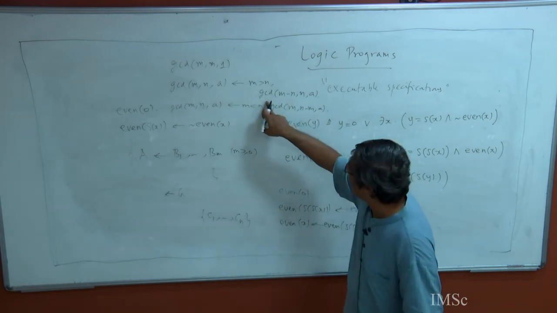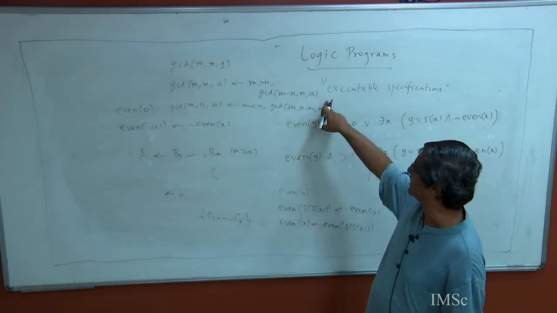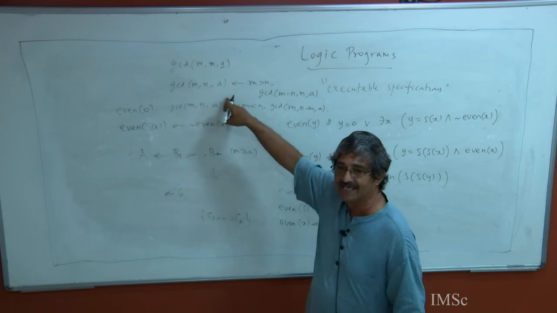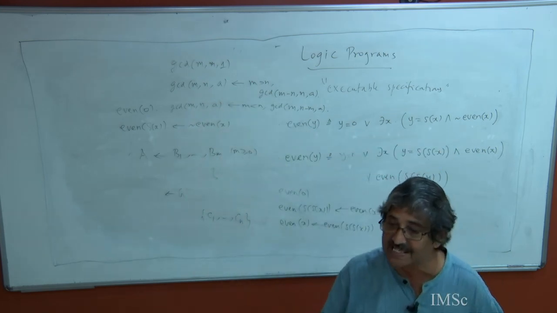If M is greater than N and GCD of M minus N and N is A, then GCD of M and N is A, right? So this gives you a recursive definition.